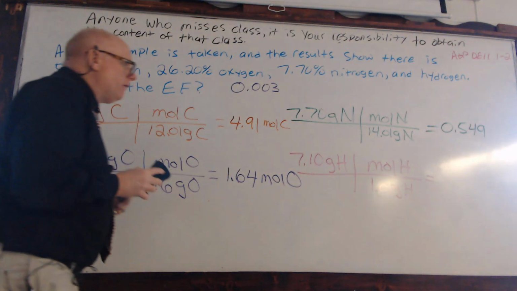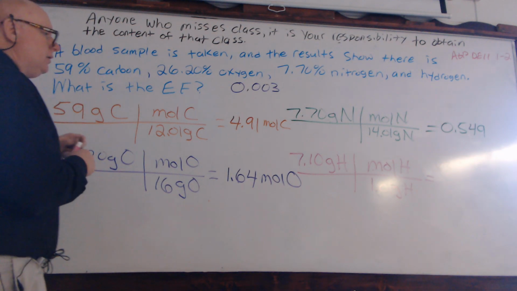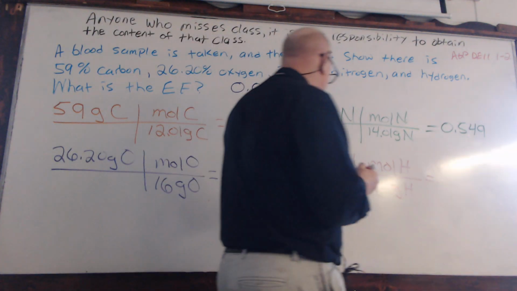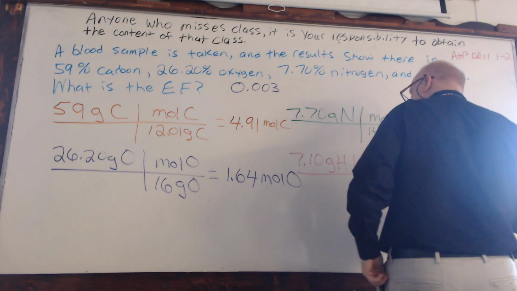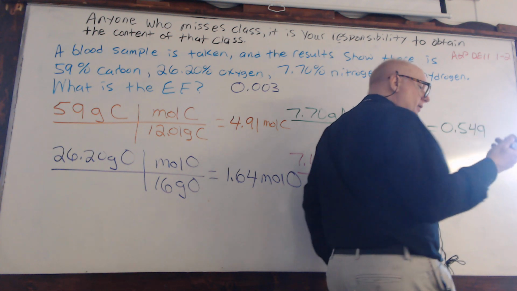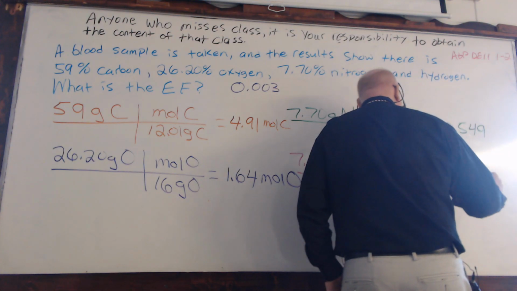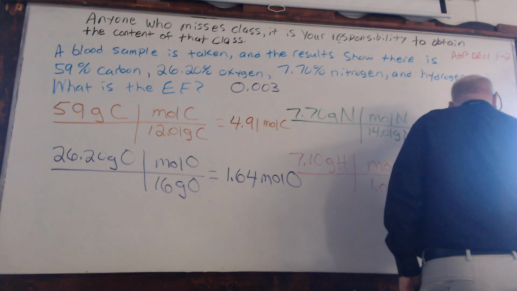And then for our hydrogen, 7.10 divided by 1.01 probably gives you pretty close to 7. 7.029, I think we're safe doing this.